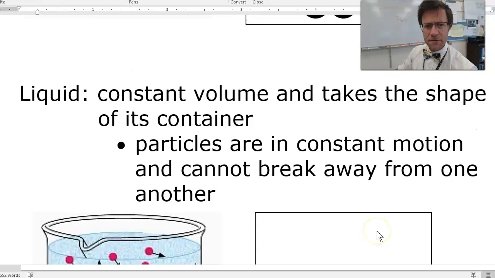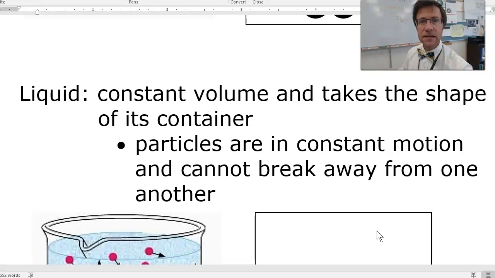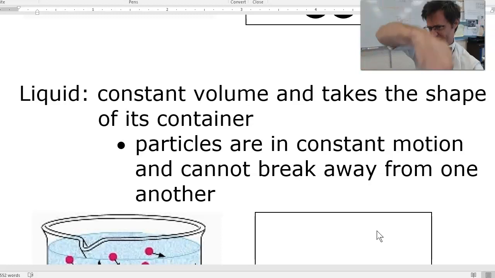So liquids, here's a fun fact, they have constant volume. In other words, you can't really compress a liquid, and it takes the shape of its container, which is awesome because then we have hydraulics and front end loading excavators that do amazing amounts of work.